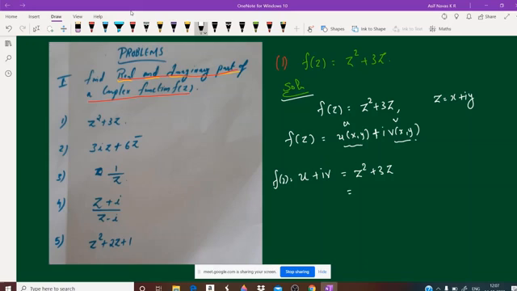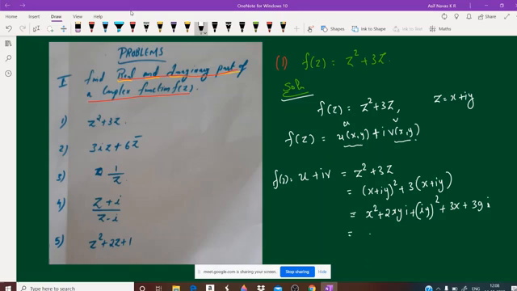z is x plus iy. So you can write (x plus iy) all square plus 3 into (x plus iy). Now (x plus iy) all square is x square plus 2xyi plus (iy) all square, you know, (a plus b) all square, plus 3x plus 3yi.